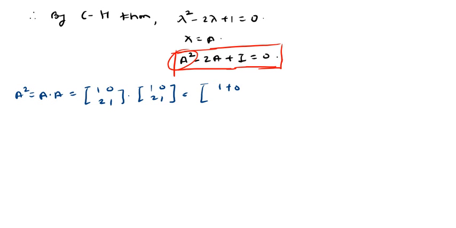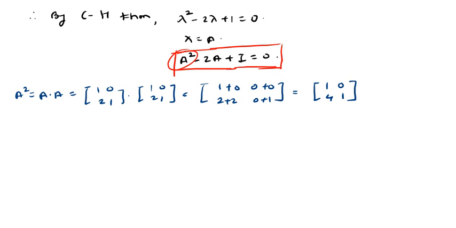Okay, and this will be 0 plus 0. Okay, then this entry will be 2 plus 2, and this entry will be 0 plus 1. Okay, so this is [1 0; 4 1]. Okay, so finally we got the value for the matrix A square.